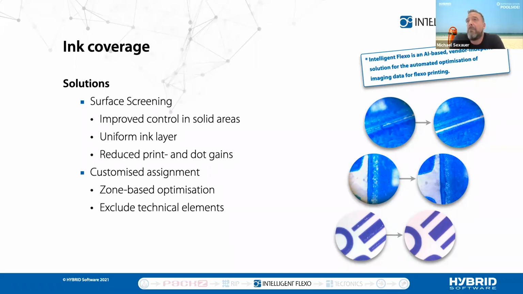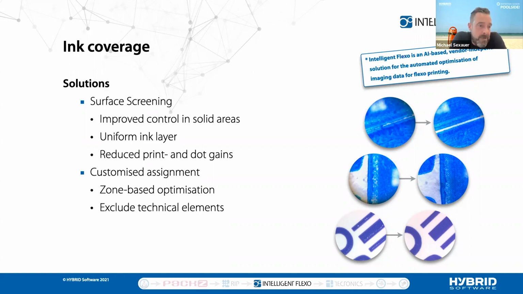Therefore, we created a product called Intelligent Flexo. Intelligent Flexo is an AI-based, vendor-independent solution, like all the things we've seen before, for the automated optimization of imaging data, so for TIFF and LEN files for Flexo printing.